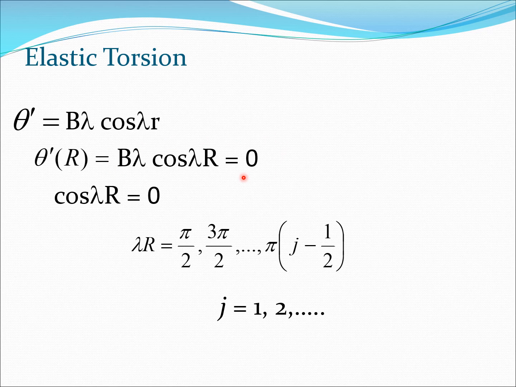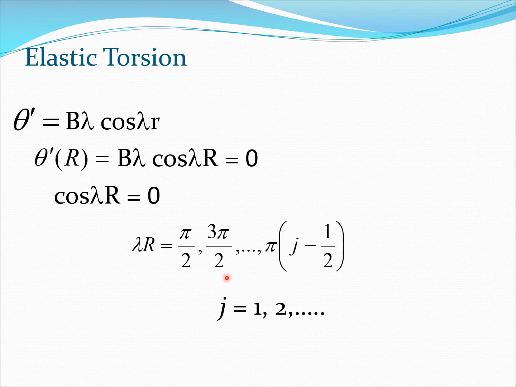Now for this to be true in a non-trivial sense, that is, I don't want a solution like lambda equal to 0 or B equal to 0, cos of lambda R should be 0, and therefore I get a plethora of solutions out here. So lambda R could be 90 degrees, that is pi by 2. We are all familiar with that cos 90 degrees is 0.